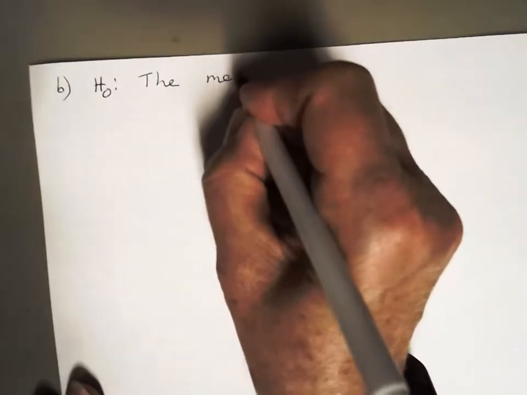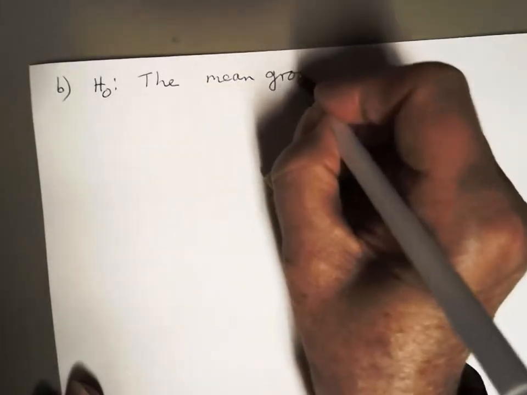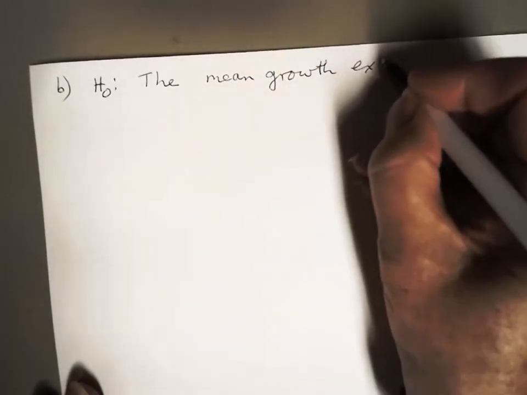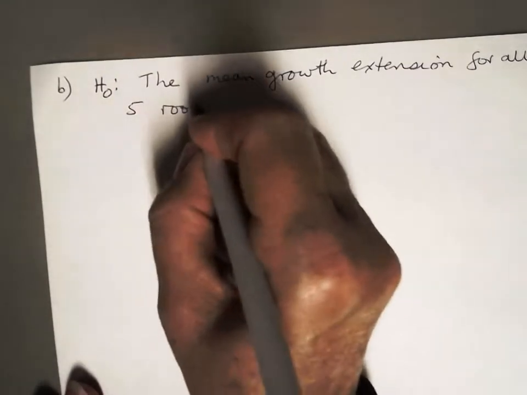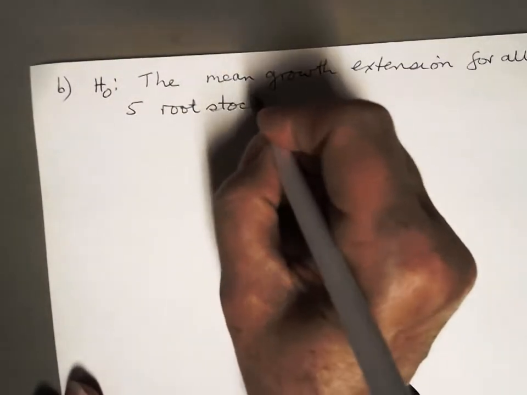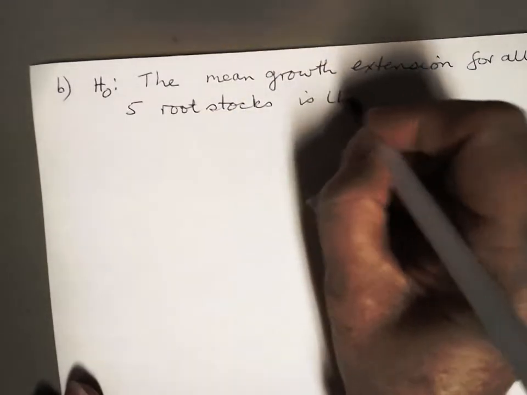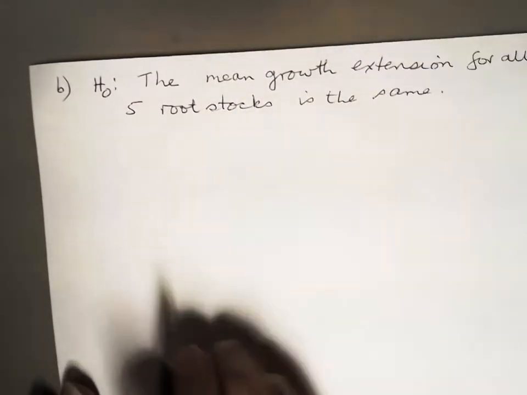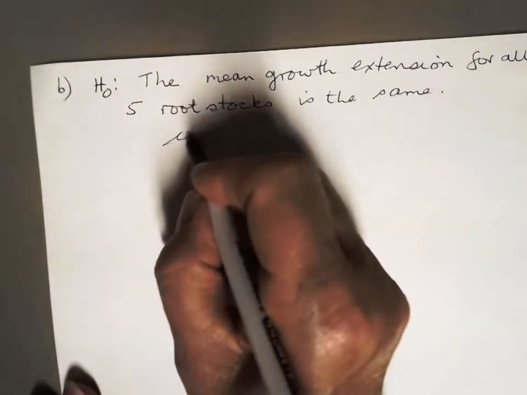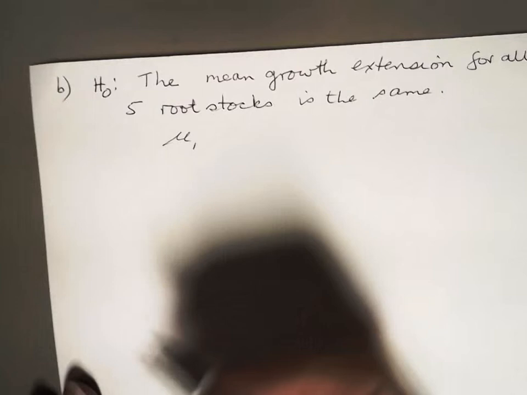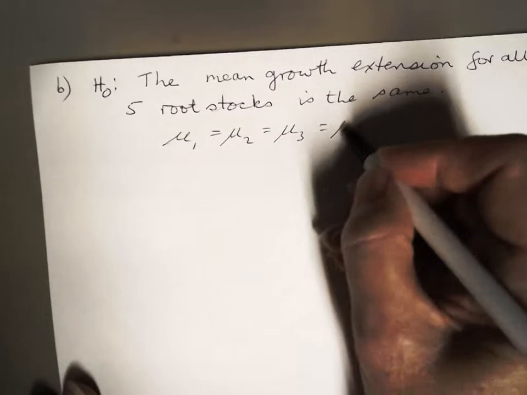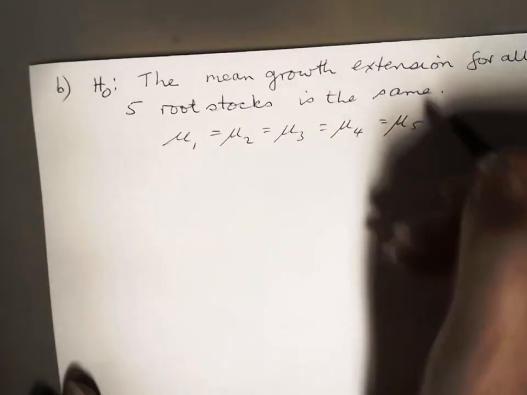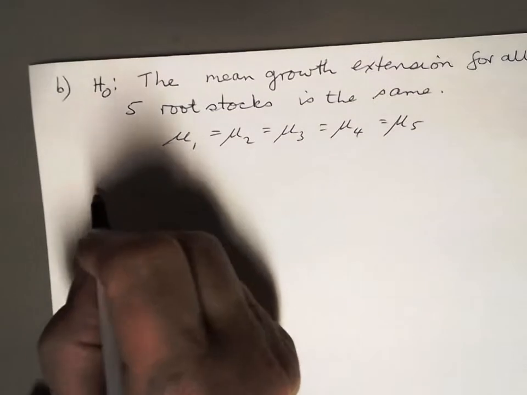The mean growth extension for all 5 rootstocks is the same. If you wanted to put that in symbols, they were just labelled 1 to 5, so mu1 equals mu2 equals mu3 equals mu4 equals mu5.